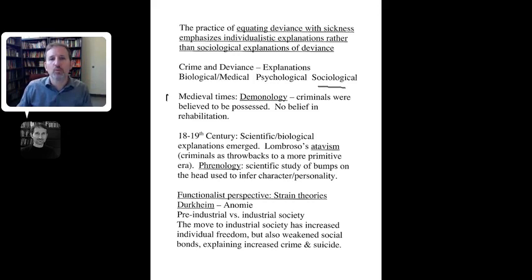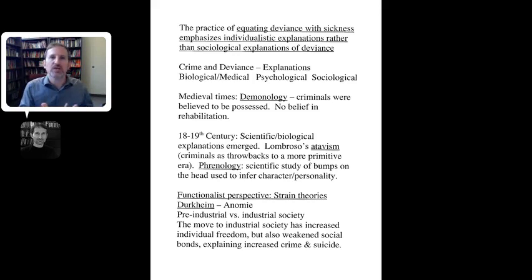But it's important to think about, where did we begin thinking about how to deal with crime and deviance and how we conceptualize it. And the first thing that your textbook mentions is a practice from the Middle Ages, and it's demonology. So in the Middle Ages in Europe, the original conception of why people committed crime was this notion they were possessed, that they had some deal, maybe perhaps they made with the devil, or they were in league with the devil.